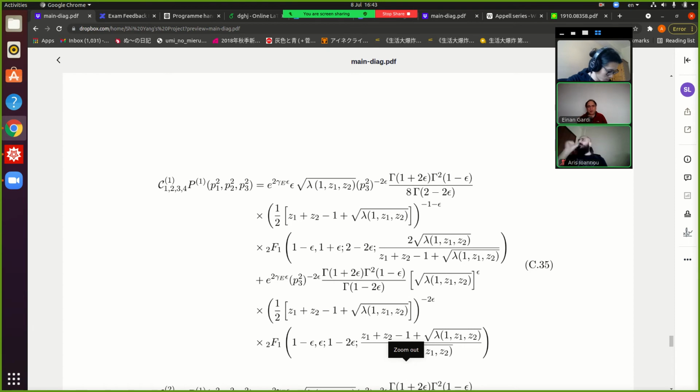For example, these factors that Aris mentioned that suppress the integrand near the endpoint have to really be suppressed. To be suppressed, epsilon has to be negative, and that provides an infrared regulator, which is what we need here, because these are infrared divergences.